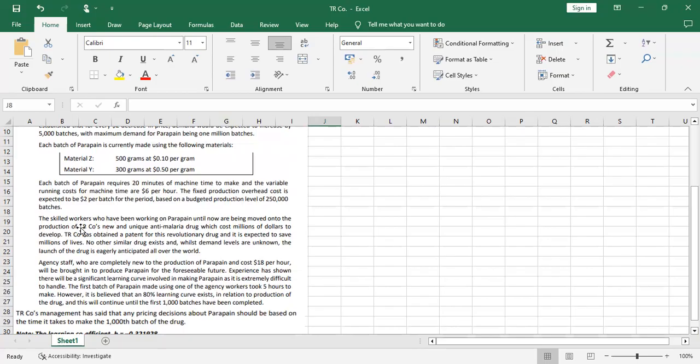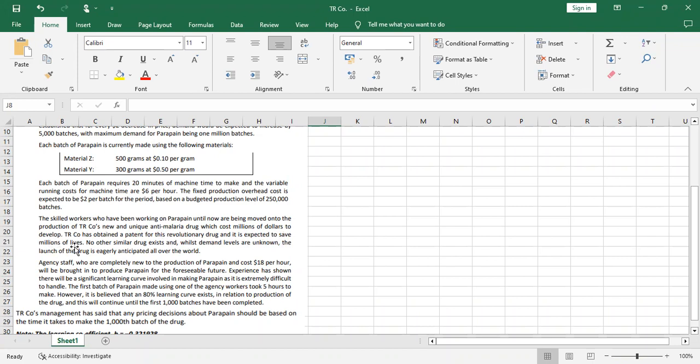Then he says the skilled workers who have been working on paraffin until now are being moved on to the production of TR company's new and unique anti-malaria drug, which cost millions of dollars to develop. TR company has obtained a patent for this revolutionary drug and it is expected to save millions of lives.